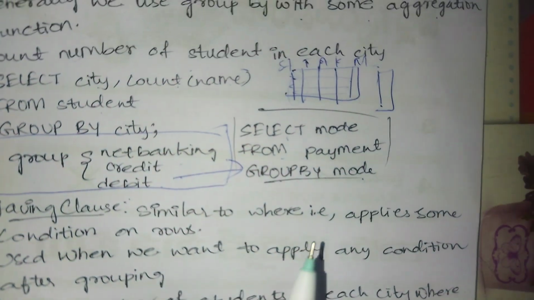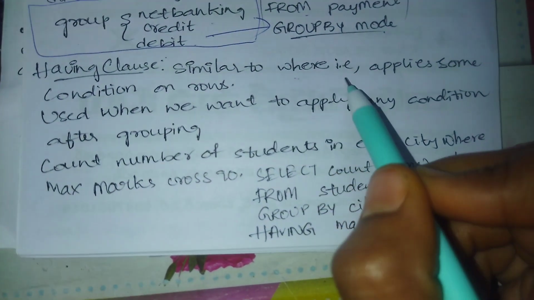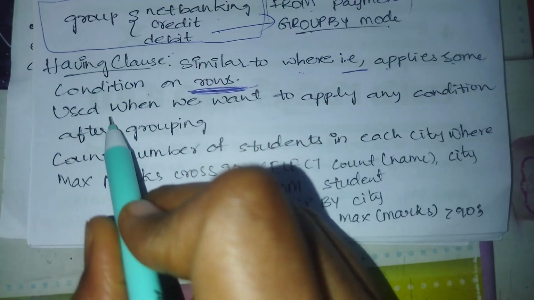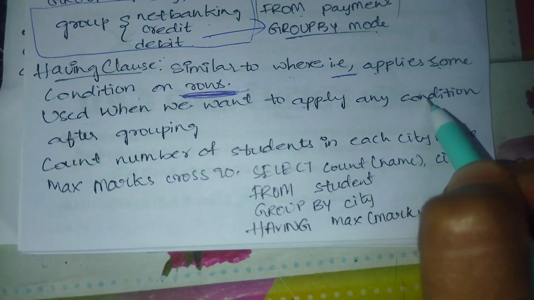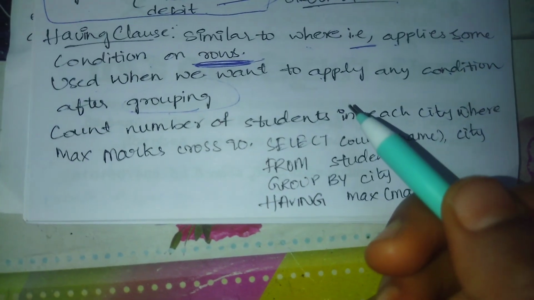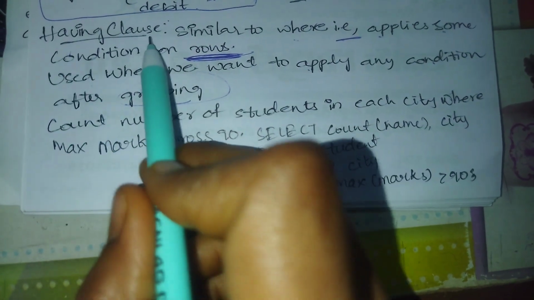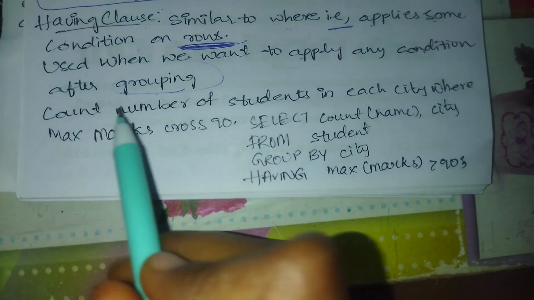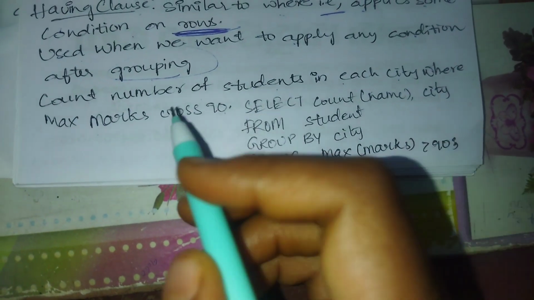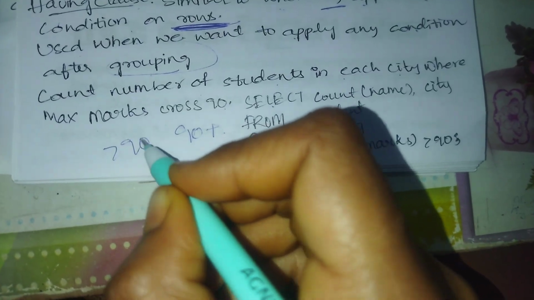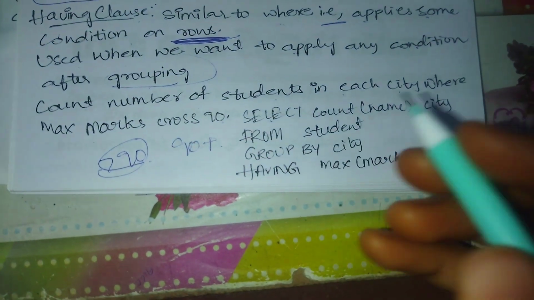Having clause. It is similar to where. It applies conditions on rows, used when we want to apply any condition after grouping. In the case of having clause, count the number of students in each city where maximum marks cross 90, that is, marks greater than 90, 91 up to 100.